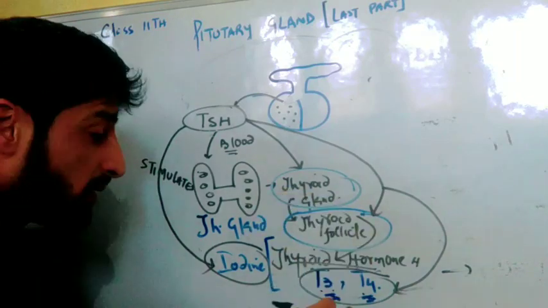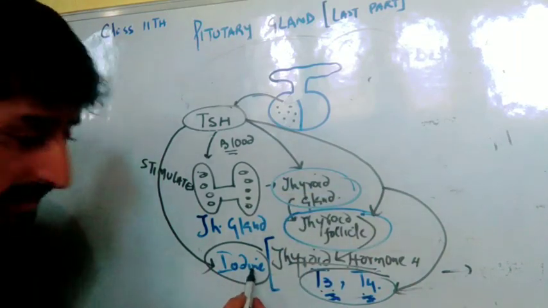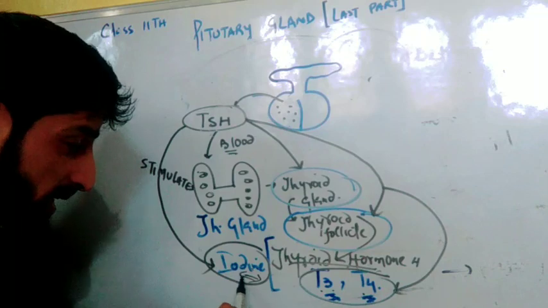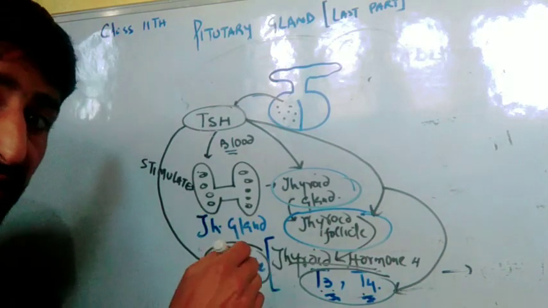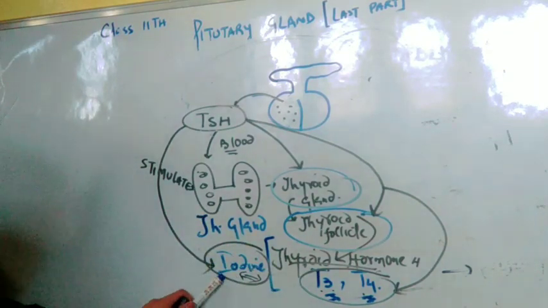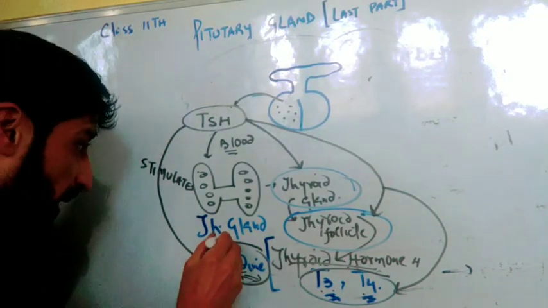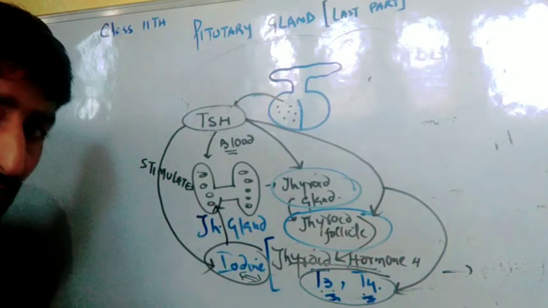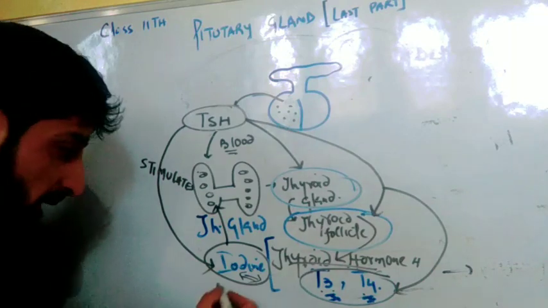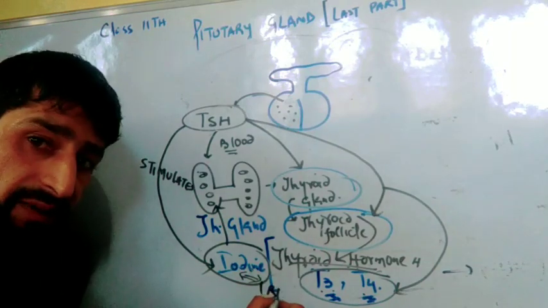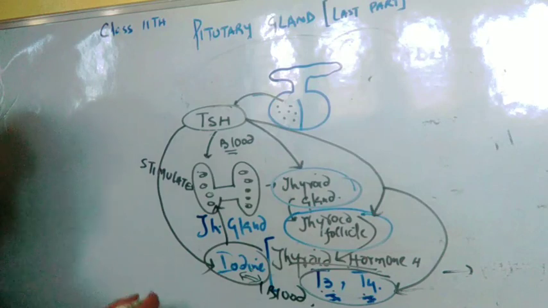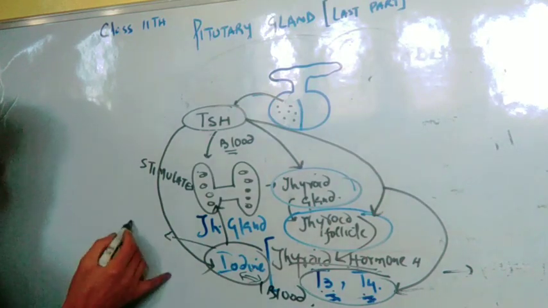But for the formation of thyroid hormones, iodine is a mandatory thing, because you have studied it when we studied the thyroid gland in our offline batch. Iodine uptake is mandatory. Iodine should be taken up by the thyroid gland. Iodine is present in blood. The main source of iodine is actually our diet.